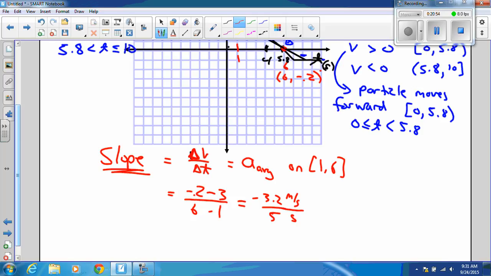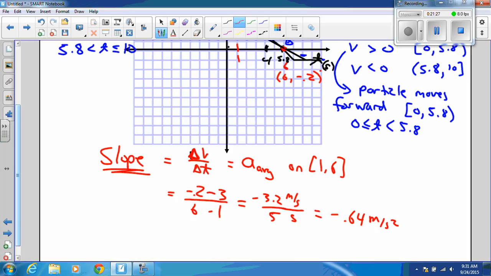There's also no guesswork with the units. It's just a matter of reading it directly from the axes. And negative 3.2 over 5 is going to be something like negative 0.64. I cheated. I multiplied by 2 and divided by 10. And that gives me an average acceleration of negative 0.64 meters per second squared.